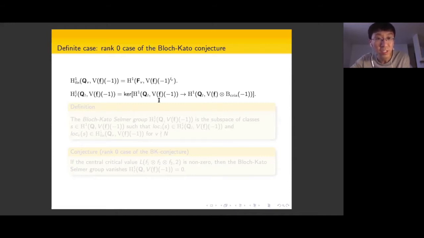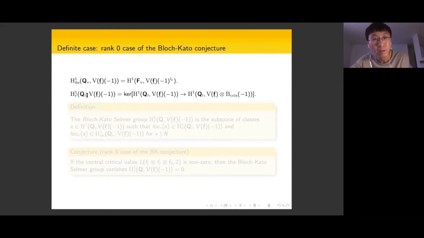So I_v here is the inertia. So in this talk, we'll not concentrate on this V triple F itself, but I will twist it by -1. This will become clear later why I want to do that. But for now, you only need to know the fact that when I twist it by -1, this becomes self-Kummer dual.